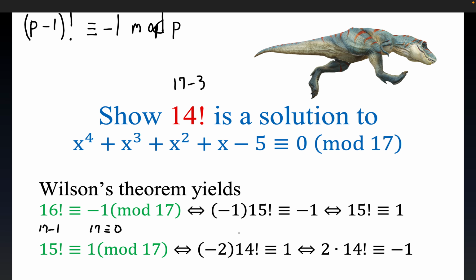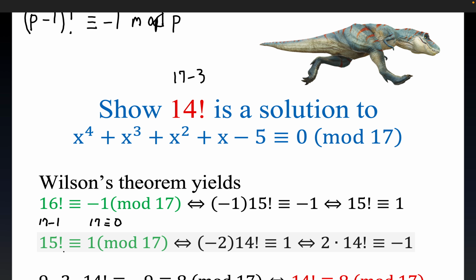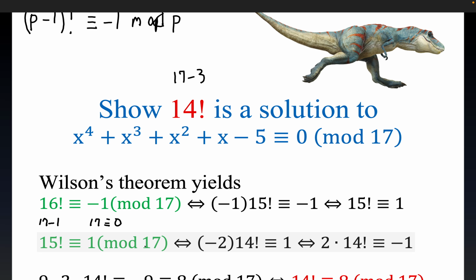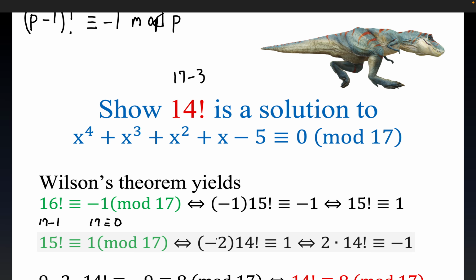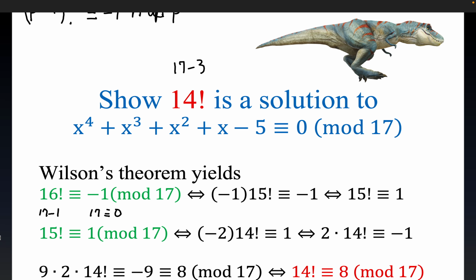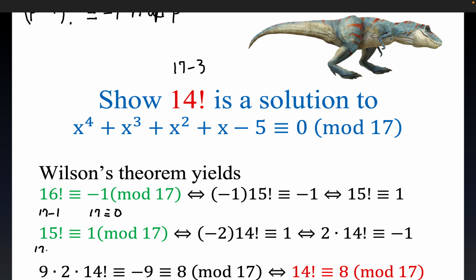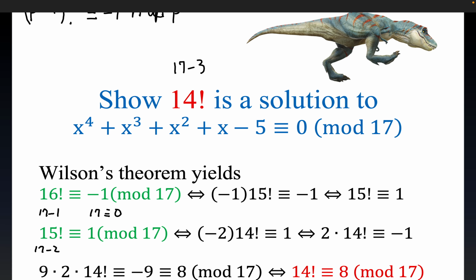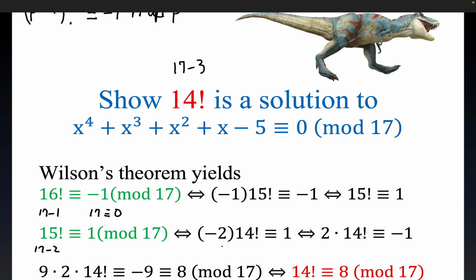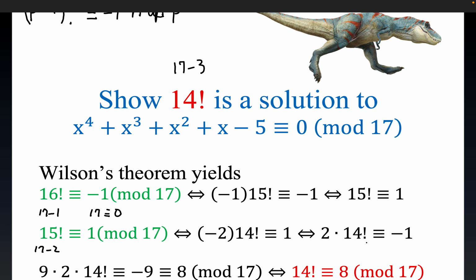Now we get to this point: 15 factorial is congruent to 1 mod 17, and we do the very same sort of thing at this stage, because this would be 17 minus 2. This minus 2 is exactly this minus 2 right here, so we get to this statement.